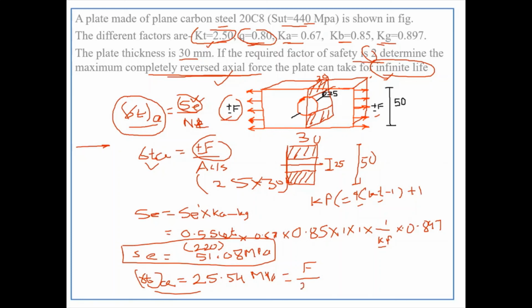So if we put in 25 into 30, the only unknown value is the force, that plus minus force is equal to 25 into 30 multiplied by 25.54, which is 19.55 kilonewton, right? So the answer for the unknown completely reversed force is 19.55 kilonewton. So this is the way we have to solve the problem for components subjected to infinite life.